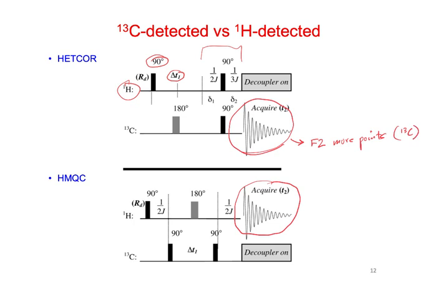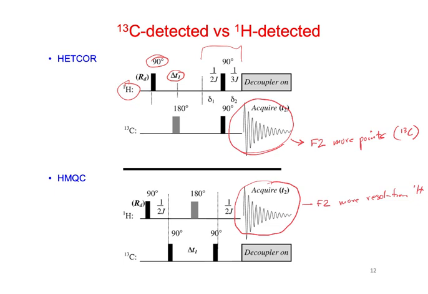Whereas down here, this is now F2, and so we're going to have more resolution on the proton channel, which is probably more important, right? Because our proton spectrum is more likely to have signal overlap than a bunch of singlets.